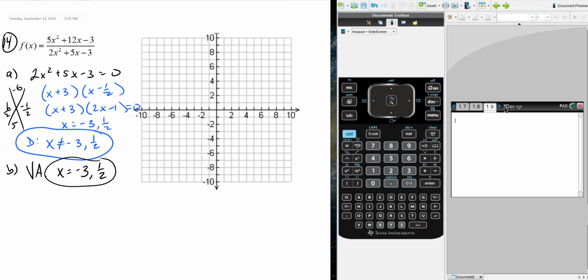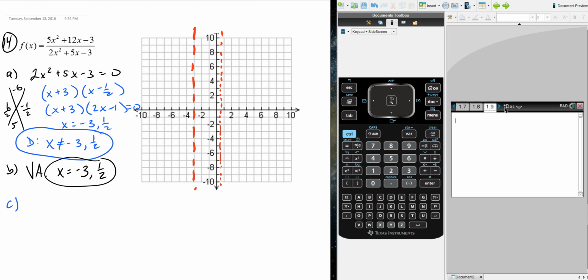I'm going to go ahead and graph those now. So we've got negative 3, asymptote right here, positive 1/2. Part C says, are there horizontal asymptotes?